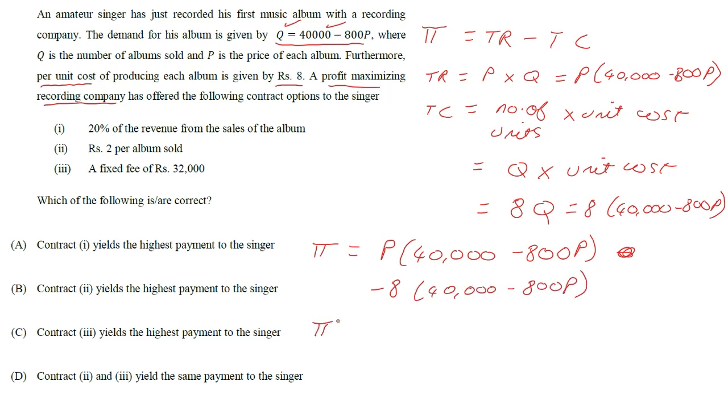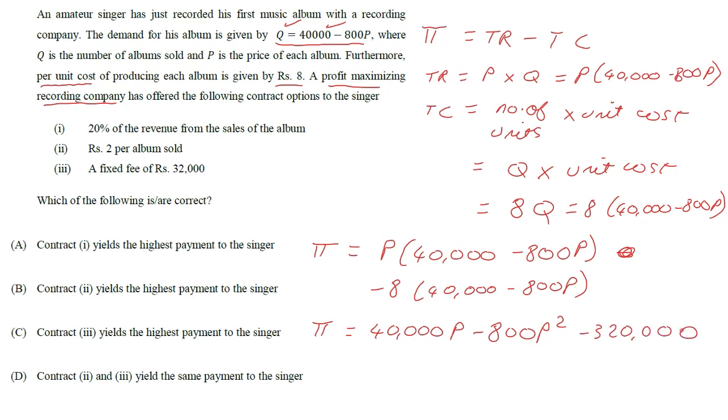Now we open the equation: 40,000p minus 800p squared. Then we have minus 8 into 40,000, which is minus 320,000.